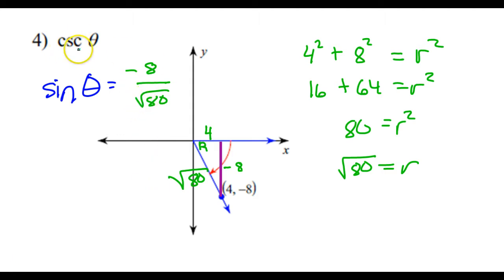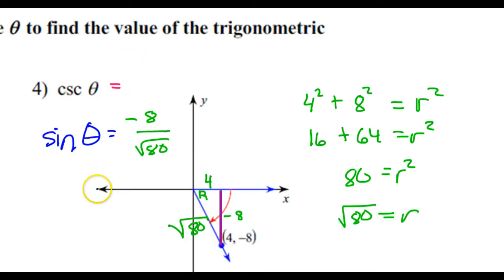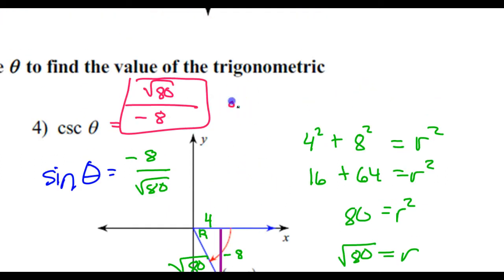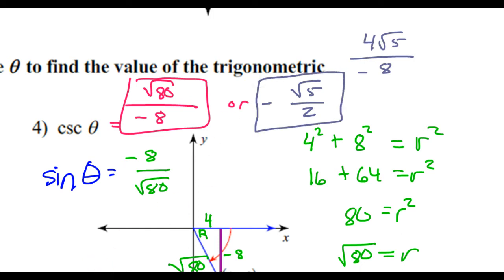Remember, the original question was cosecant, and cosecant is the reciprocal of the sine function. So the final answer is going to be radical 80 over -8. Now, if you wanted to simplify this, you would write the radical 80 as 4 radical 5, and then you would divide, because 4 divides evenly into 8. So that would give you negative radical 5 over 2. So that's the answer to number 4.